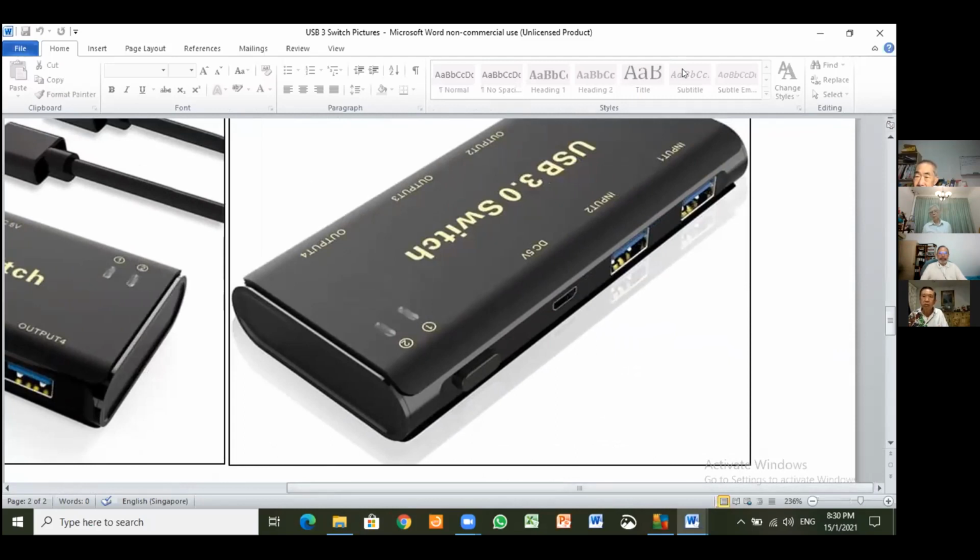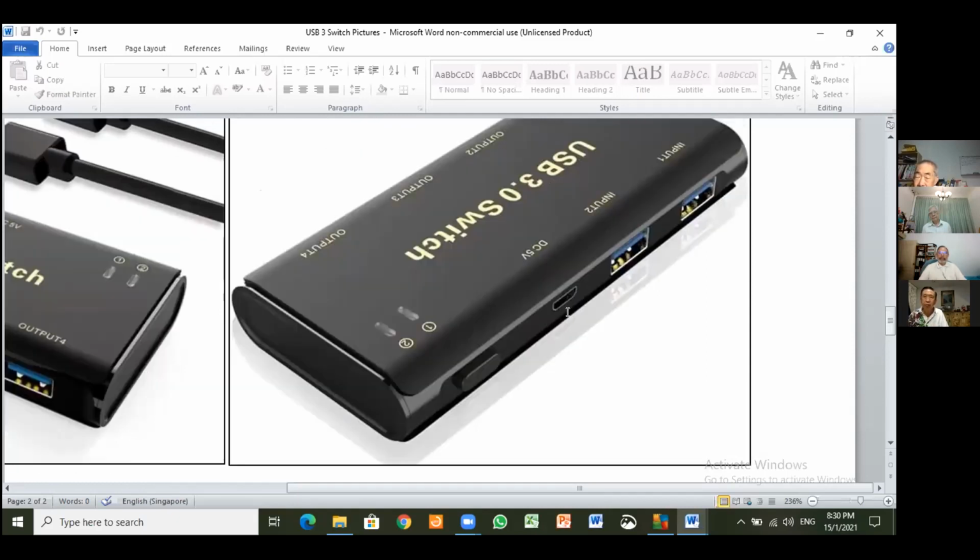If one is selected, then all the data and resources go to input one, maybe PC one, and this one is PC two. If you press one more time, then you switch again.